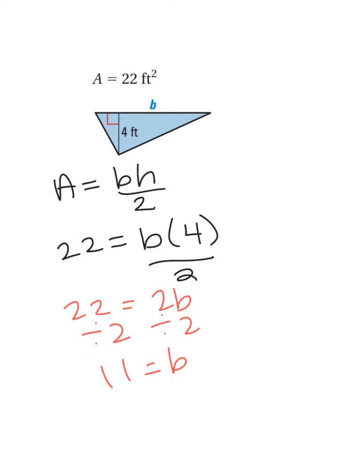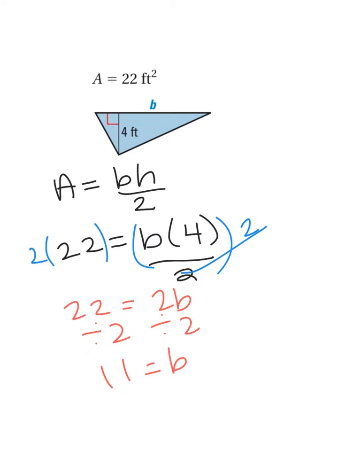The other way you can solve this, and you can choose whichever way, if it's easily divisible, it might be easier to just solve it this way. If it's not easily divisible, it might be easier to get rid of the denominator first. So I could multiply by 2, and I would multiply this side by 2. These would cancel out.